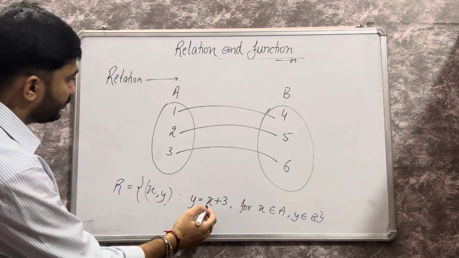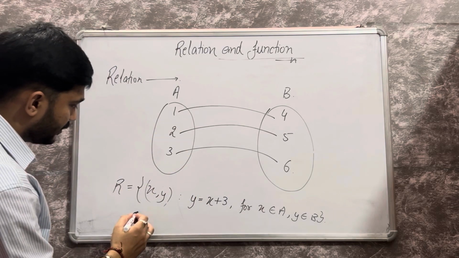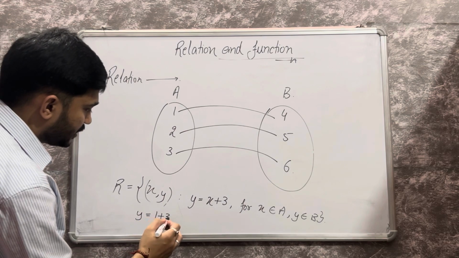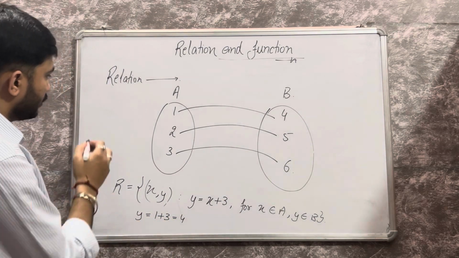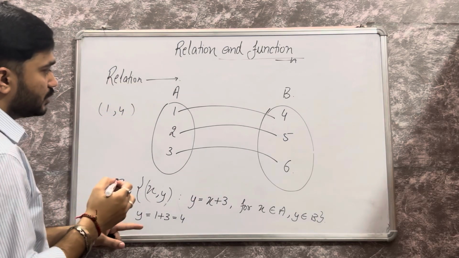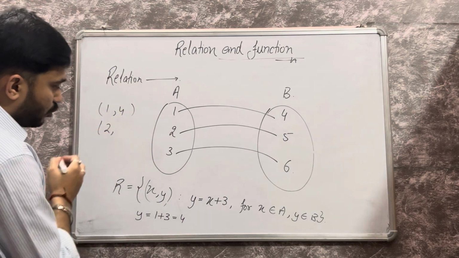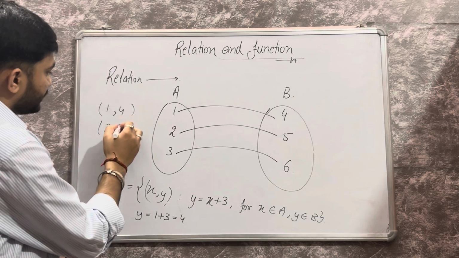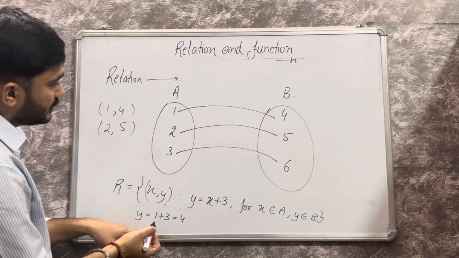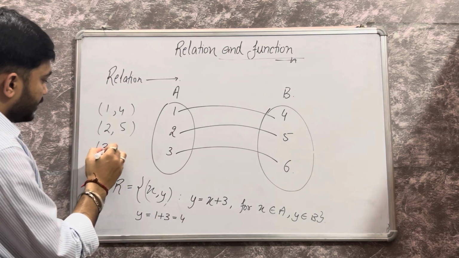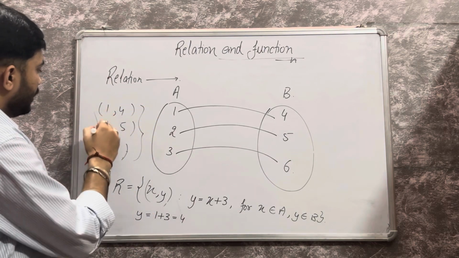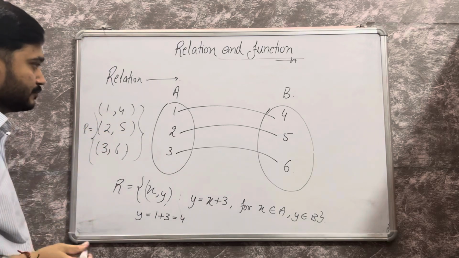If we put the value of 1 here, that is y = 1 + 3, we get the value of y as 4. So your point will be (1, 4). Now put the value of 2 here, you will get (2, 2 + 3), that is (2, 5), and put the value of x as 3, 3 + 3 is 6, so (3, 6). This will be our relation R. Any doubt?